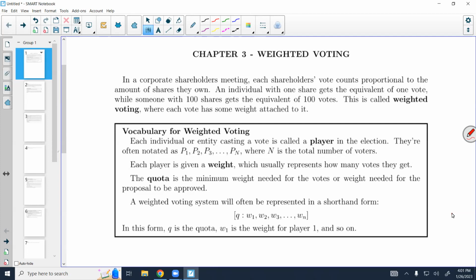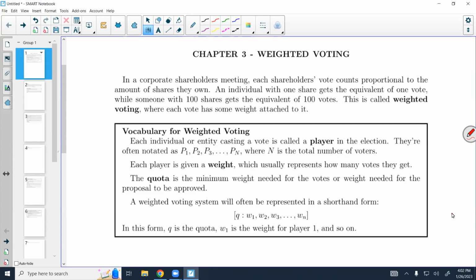The quota is the minimum weight needed for the proposal to be approved. A weighted voting system will often be represented in the shorthand form [Q: w1, w2, w3], where Q is the quota, w1 is the weight of player 1, and so on. Easy, right?